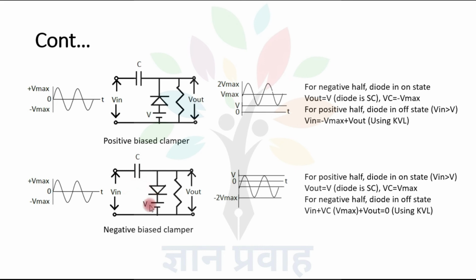We are applying Kirchhoff's voltage law in this loop. So Vin plus Vc plus Vout equals 0, and Vc is Vmax here. So Vin plus Vmax plus Vout equals 0, or Vout equals minus twice Vmax.